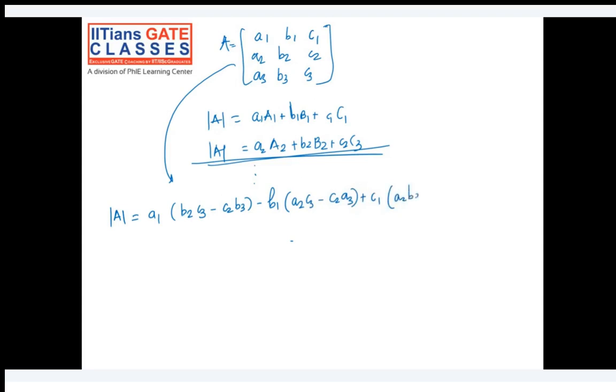Like this you write, correct? So this is capital A1, this is capital B1, this is capital C1. So on you can write by other ways, if you consider the second row or third row and so on. I hope it's clear till this.